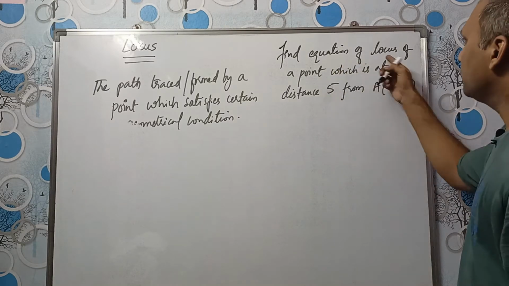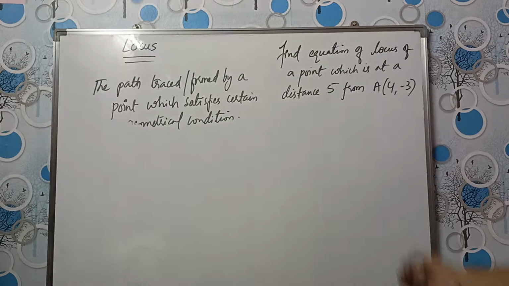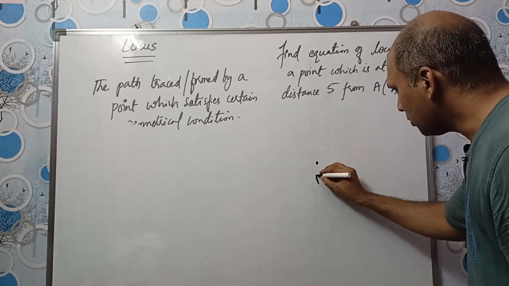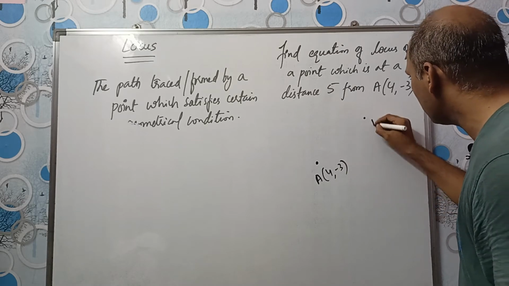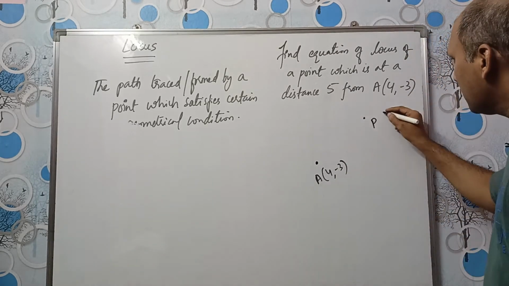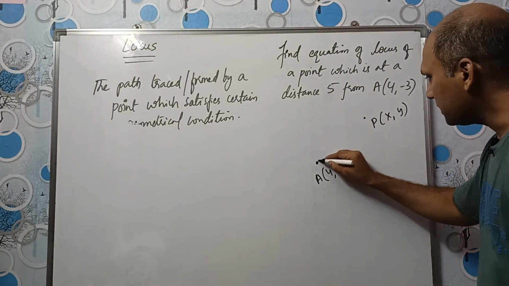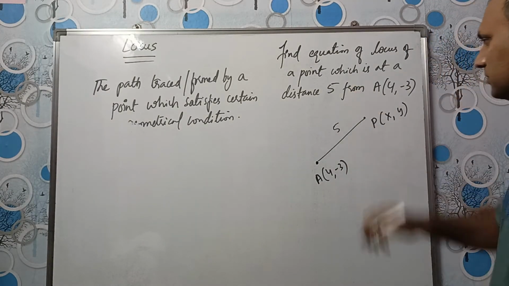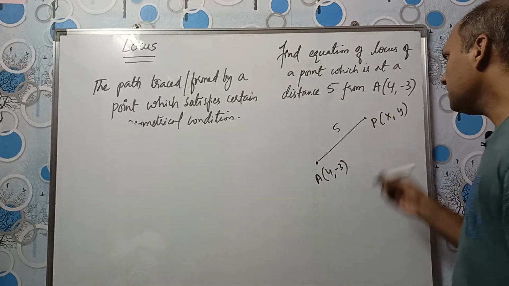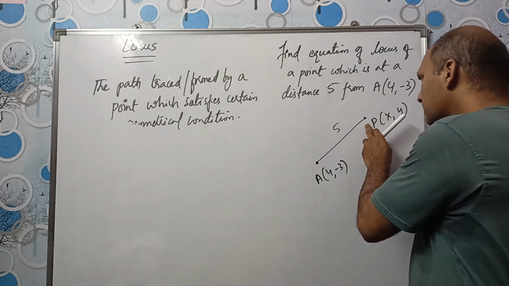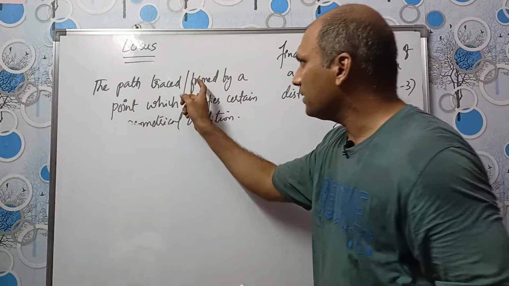Now see, find equation of locus of a point which is at a distance of 5 from A. There is point A, 4 comma minus 3, and we have a point somewhere. Let that point be P, x comma y, and this point is 5 units away from this point A. First thing we should do is let the point be x comma y, the path traced by a point.